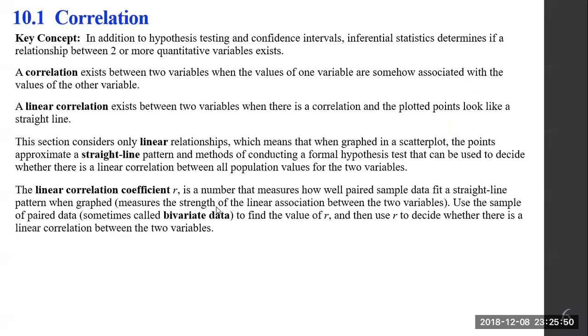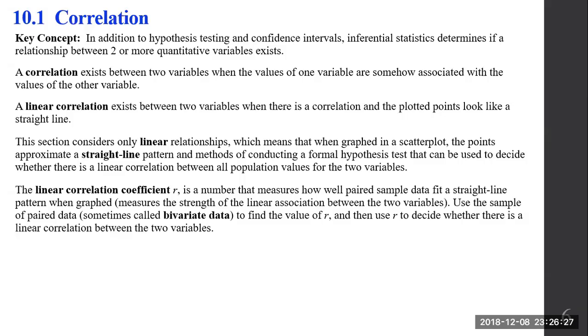All right, thank you. We're going to look at the concept of correlation, the key concept. In addition to hypothesis testing and confidence intervals, inferential statistics determine if a relationship between 2 or more quantitative variables exists. A correlation exists between 2 variables when the values of one variable are somehow associated with the values of the other variable.